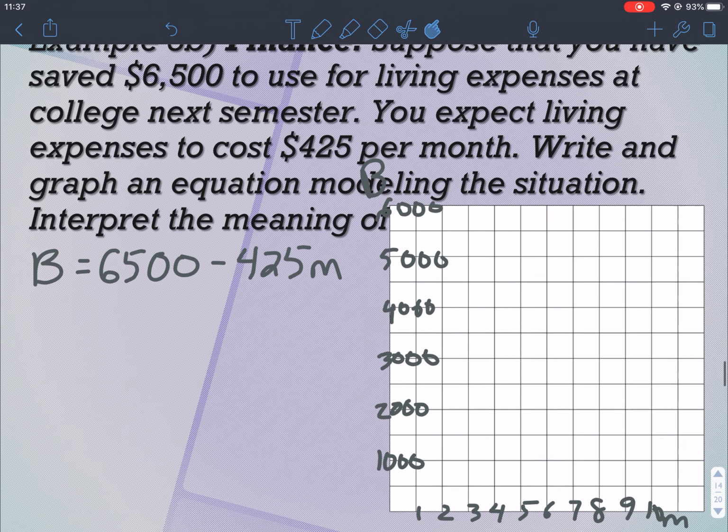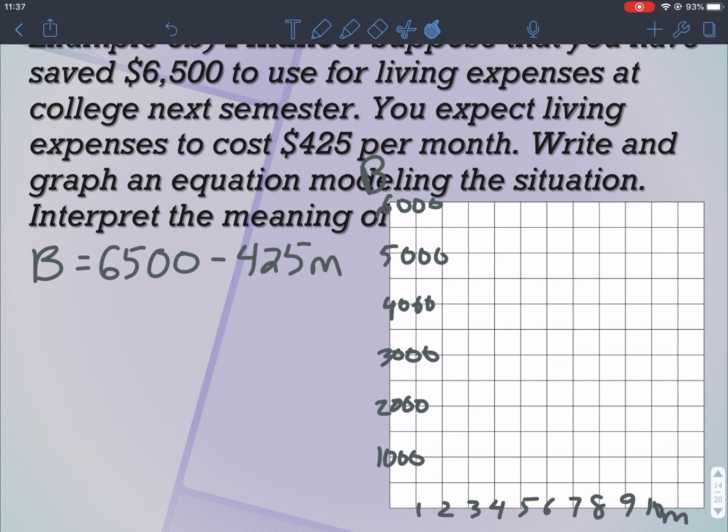Same idea. Pause the video and see if you can graph the equation and interpret the meaning of the intercepts. All right, here we are. Now, our budget begins at 6,500, which is going to be just above the graph here because I still went by 1,000. And I'm going to go down $425 each month. So we'll go down a little bit. It's still going to have this linear look to it, all right? But where does that intercept hit?